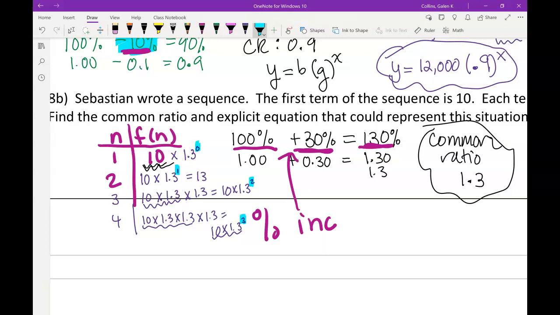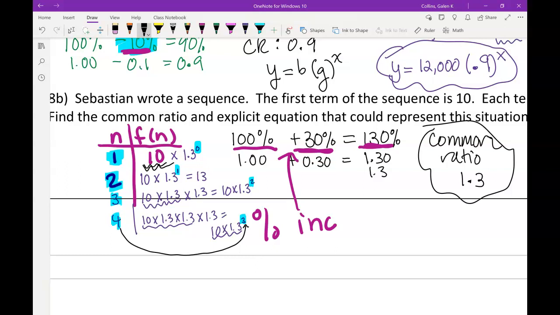So if I compare the thing that is varying to my independent variable, and I try to relate those, what I notice is that the number I'm plugging in for my exponent is always the value of n minus 1.